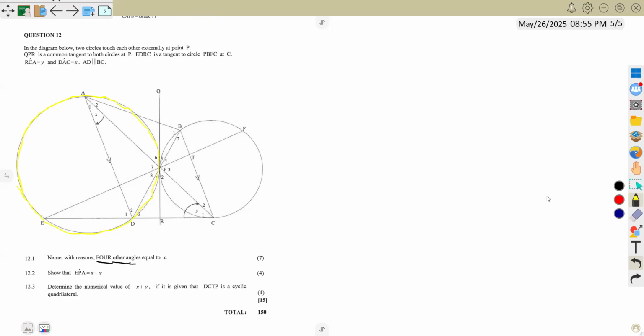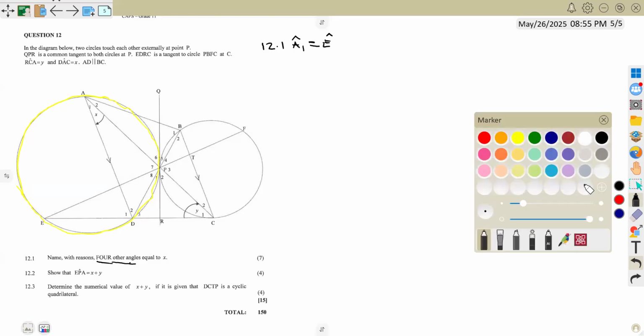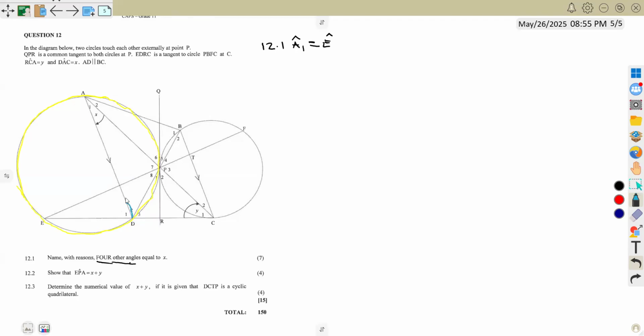So we can conclude that angle A1 must be equal to angle E. If we check this angle A1, oh, sorry, that angle there, this one, those two angles are subtended by the same chord.